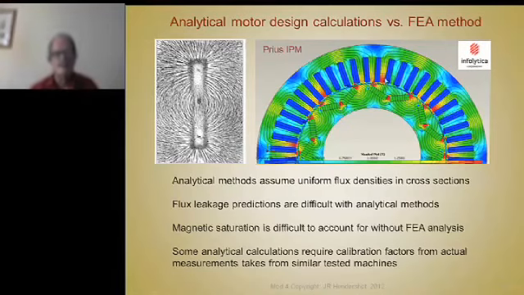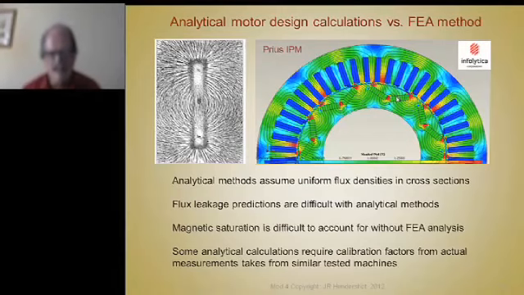Something obvious in this case: we have a tapered tooth here, so the same number of lines going through this tooth means a higher flux density in this part of the tooth than that part. So if I'm going to calculate the losses of this machine, the other thing you notice is the flux density is not uniform in all these teeth. If I have so much flux in the magnet and I'm using an analytical method, I just told you how I'd calculate the flux density in the yoke.